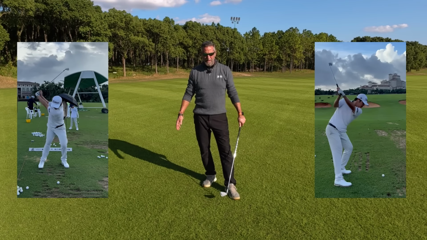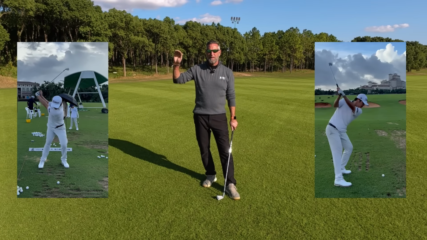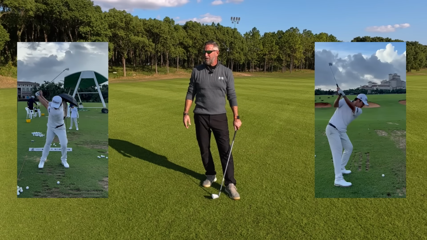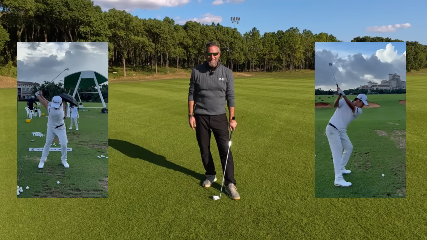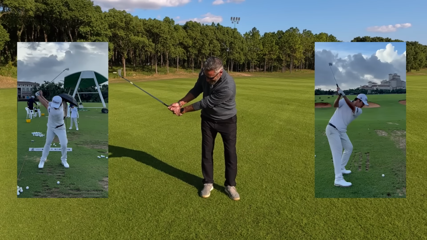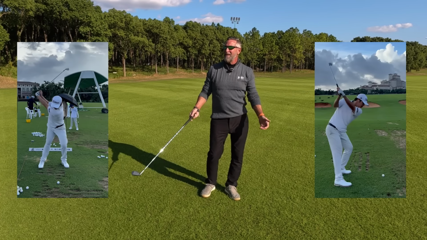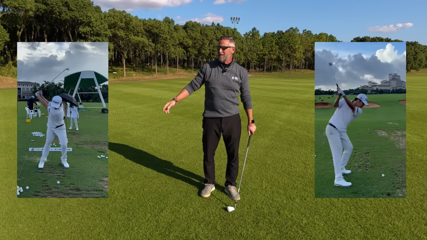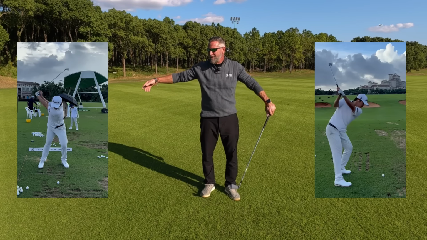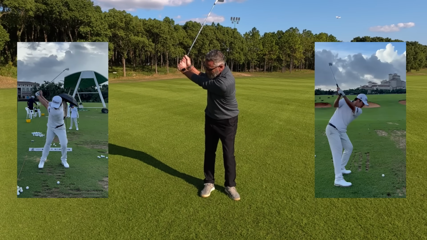P4. P4 is the highest point in our backswing. P4 in certain shots can come before P3, but generally a P4 is a little bit higher than a P3. We have different heights, or it can also be just a P3 or a fraction more than a P3.